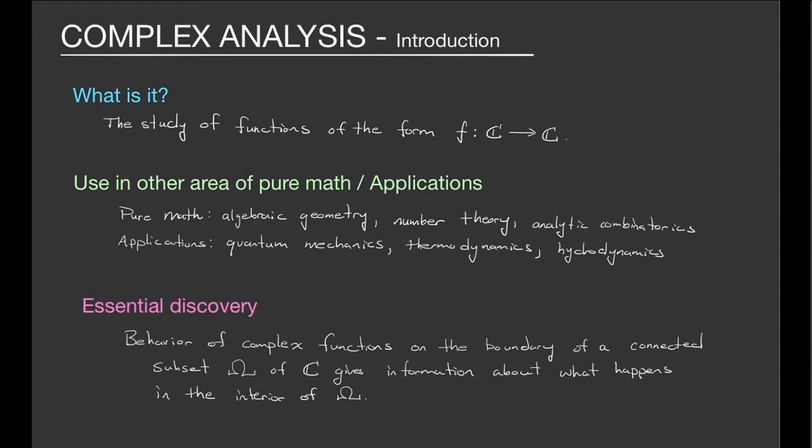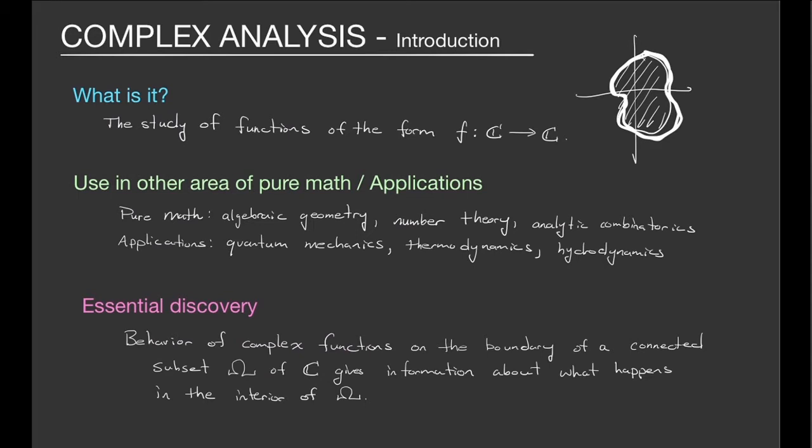What I mean by that is if you have the complex plane, say here, and you've got an area, and you're looking at a complex function over that area, you can just look at the boundary, the sort of quote-unquote edge, as it were. If you know information about what the complex function is doing on that boundary, you can say what it's doing in the interior, which is pretty fascinating. So boundary information tells you about interior information.